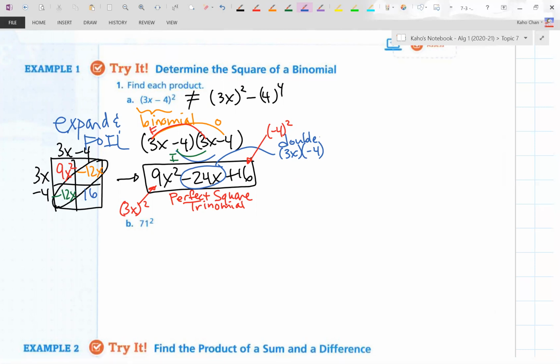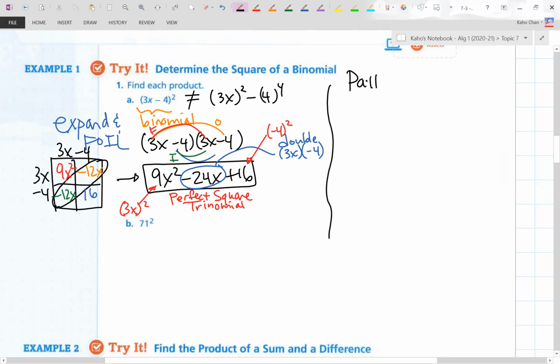That's the pattern. Is it the end of the world that you don't memorize these patterns? No. But here is what you'll get with a binomial times itself. Let me write it out.